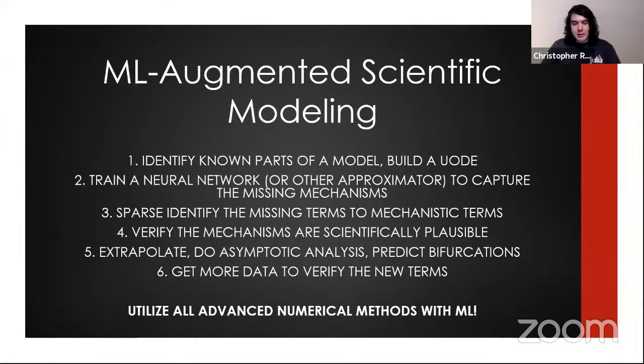So that's the second step. You add neural networks to capture the places where you have missing mechanisms, in places where you have uncertainty. In a lot of cases, if you go back to the derivations of the Navier-Stokes equations, of Boussinesq equations, of the first order physical equations, you will see that there are terms where someone made an assumption. That assumption normally makes sense in a given regime, but maybe it's too overreaching.